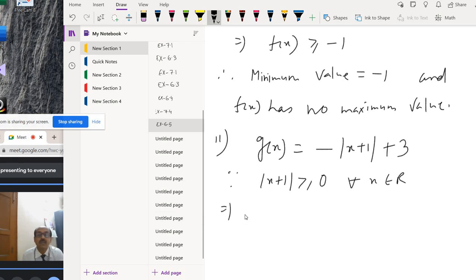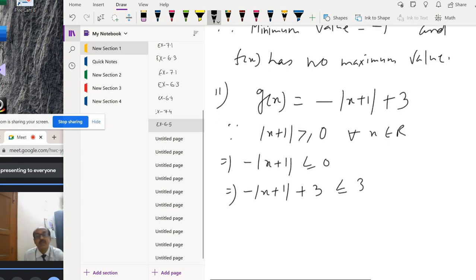Now take the minus sign because of the question, so minus mod of x plus 1 is less than or equal to 0. Okay. Then add 3 to both sides, so less than or equal to 3, 0 plus 3, it is 3. Clear?